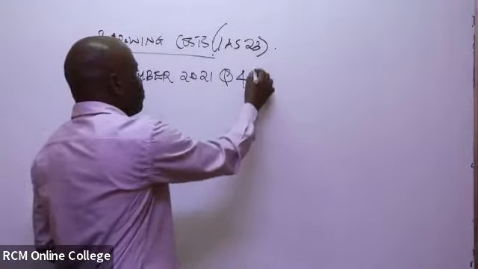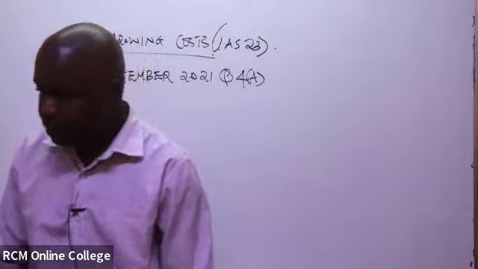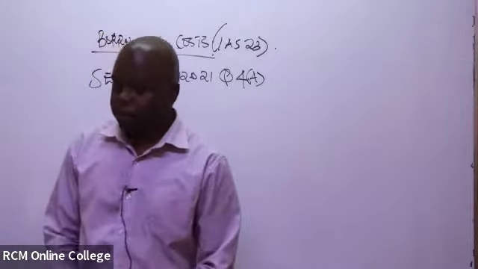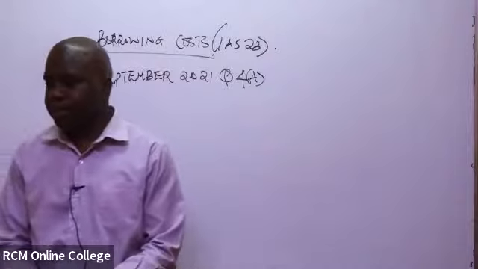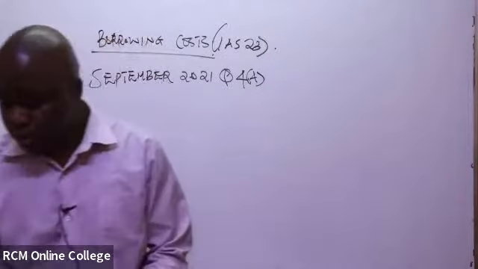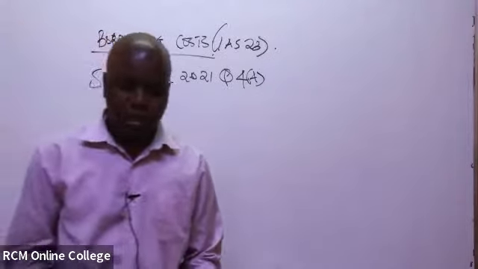I want you people to confirm whether you've been able to access the past paper so that we can move together. You just say yes in the chat so that I know, so that we start looking at the question.